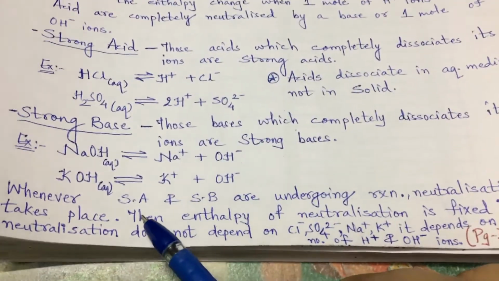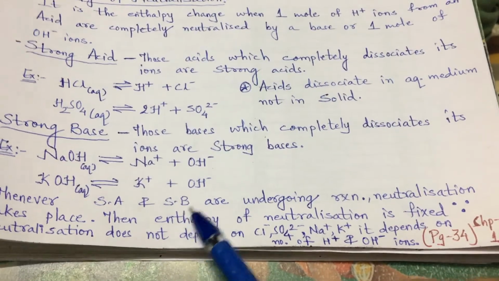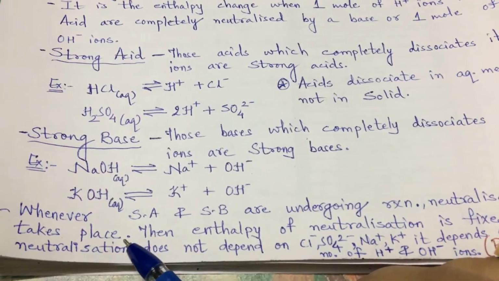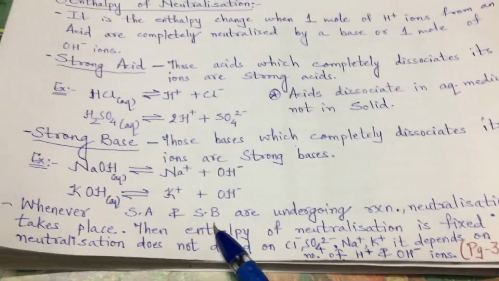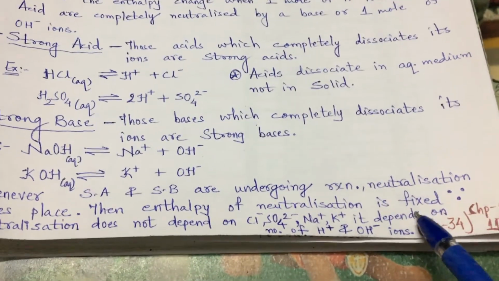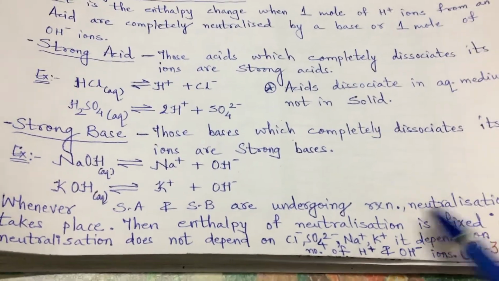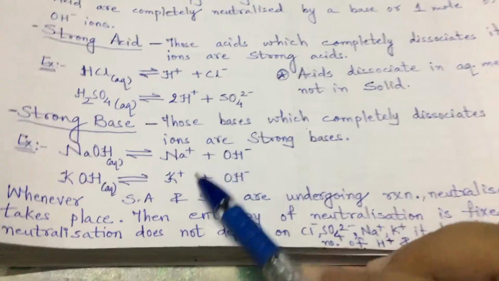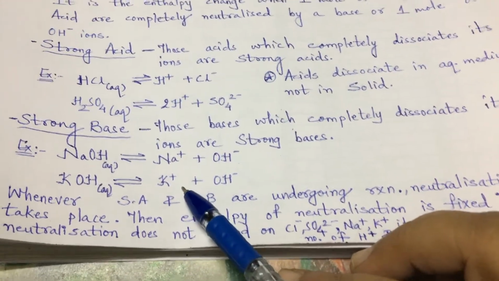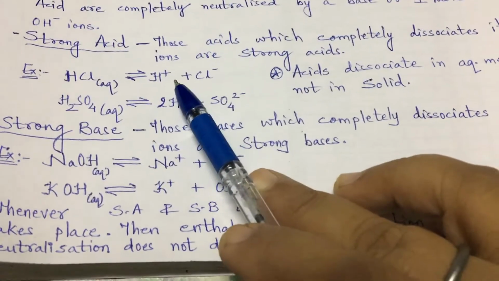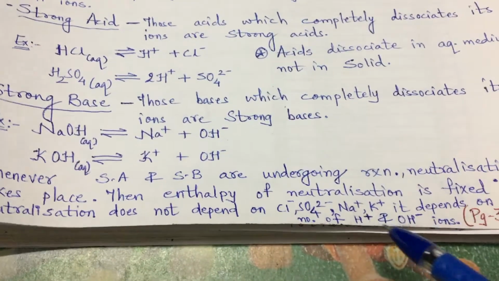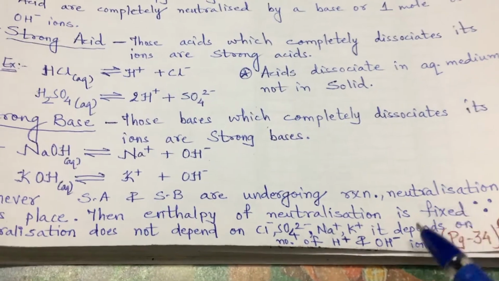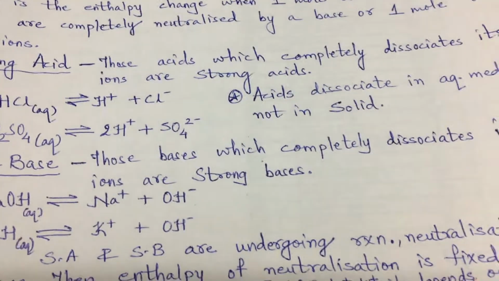And whenever strong acid and strong base undergo reaction, definite neutralization takes place, and that will be a complete neutralization where the enthalpy of neutralization is fixed, because neutralization does not depend on Cl minus, SO4 2 minus, Na plus or K plus. It depends on the fixed amount of H plus and OH minus, and that is why its neutralization value is also fixed.